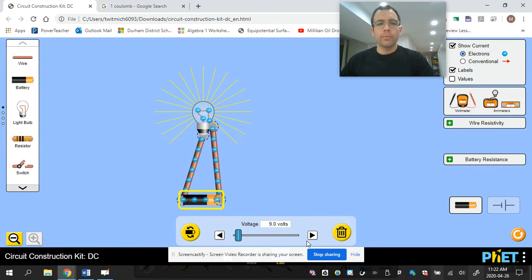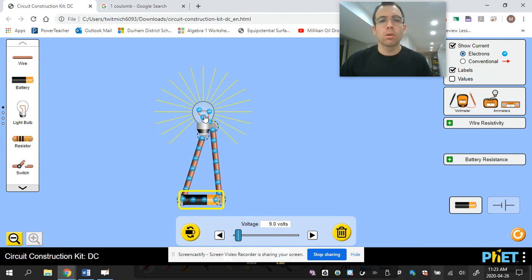Now, voltage is kind of a double-edged sword. What I mean by that is, the bigger the voltage, the more electrons you'll have that want to flow. So voltage will push more electrons through. And the other edge of that is they'll be carrying more energy.